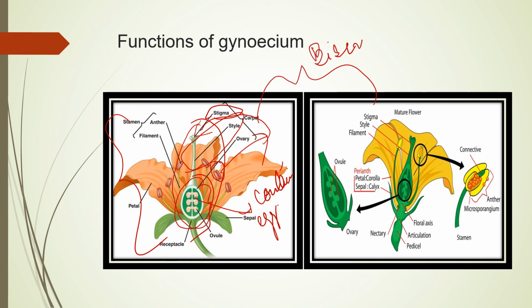So both are bisexual flowers, and if it is a staminate or a carpellate flower, then the pollen grains will be carried with the help of insects or any other methods of pollination. It will happen. So we can see that the anthers will produce the pollens and they will fall on the stigma, and the stigma is in the most suitable position for receiving the pollens during pollination.